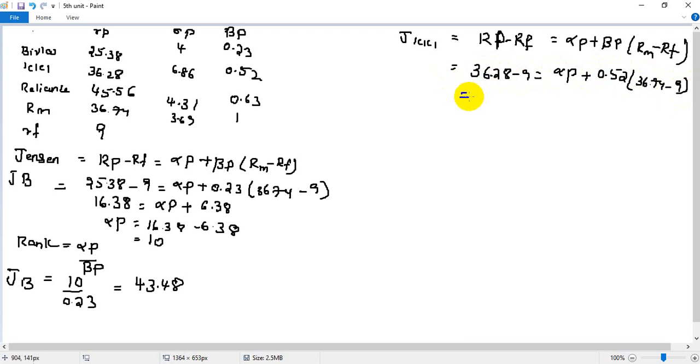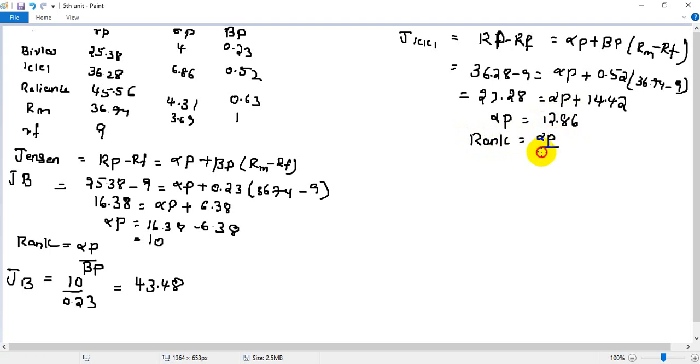So it will be 27.28 equal to alpha P plus 14.42. So alpha P will be 12.86. Your ranking will be done like alpha P by beta P. So 12.86 by 0.52. How much will it come to?